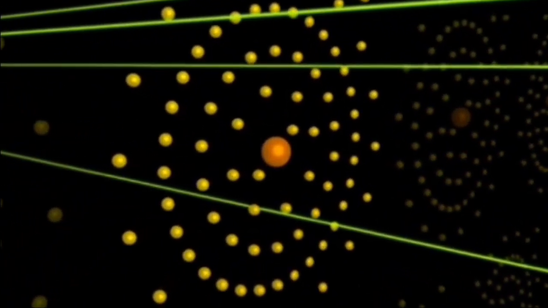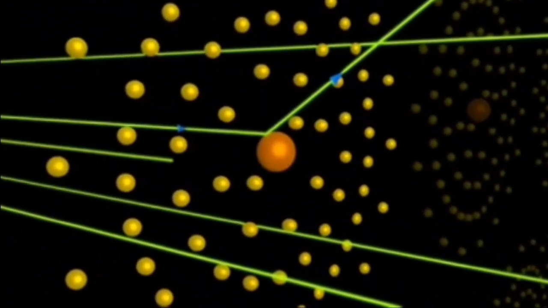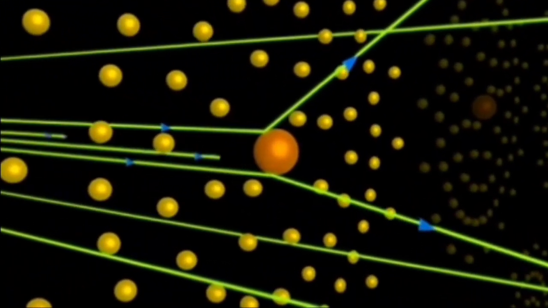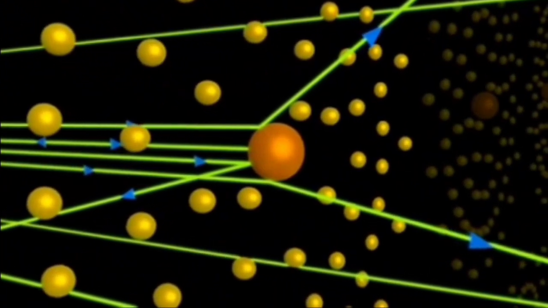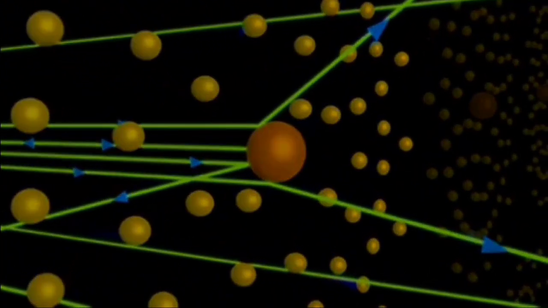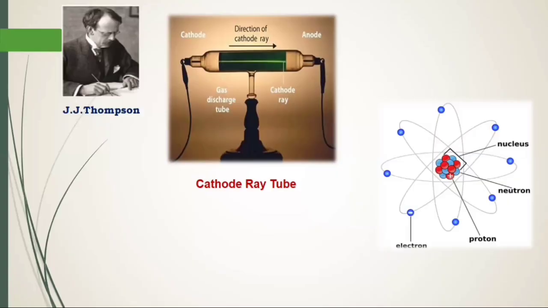This is how the alpha particles pass through the gold foil. Some get deflected while some get reflected. This is how he conducted the gold foil experiment.